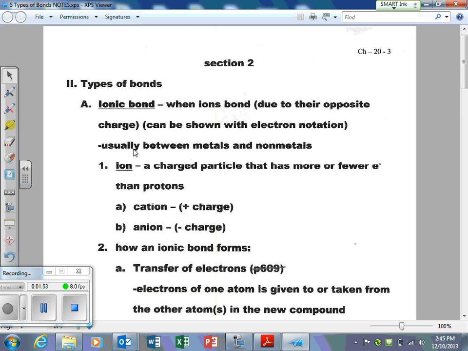Okay, so ionic bonds are usually between metals and nonmetals. If you look on your periodic table, the metals are going to be on the left, the nonmetals are going to be on the right, right? And if you look at the periodic table, you know that the ones to the right are going to be what? Giving or taking away the electrons? Taking away.